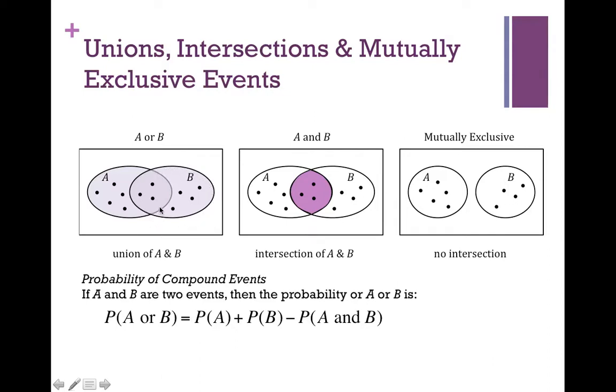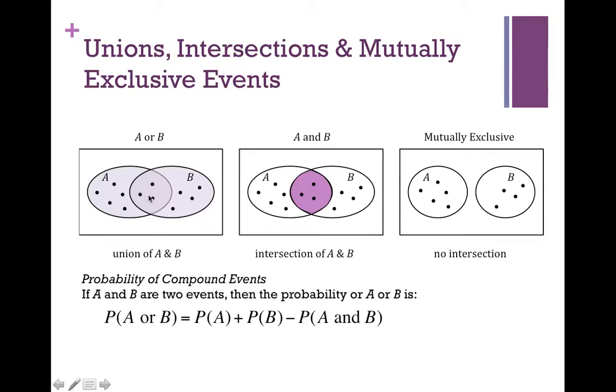But notice when I take this circle and add this circle with it, these three right here in the overlap get counted twice. And we don't want them to be counted twice. They're each just single individual occurrences.